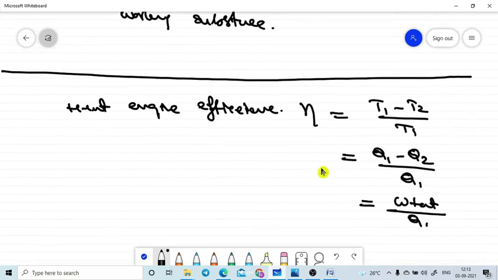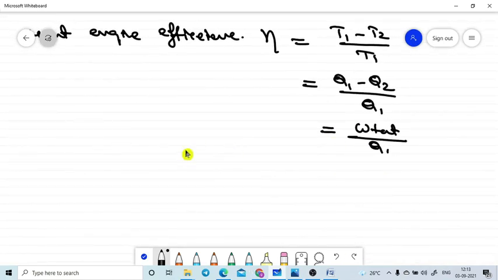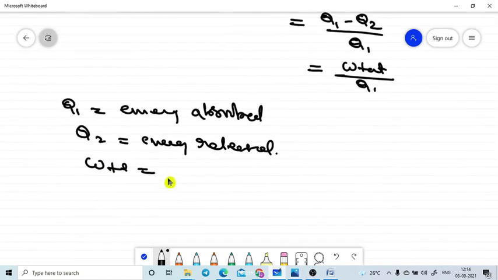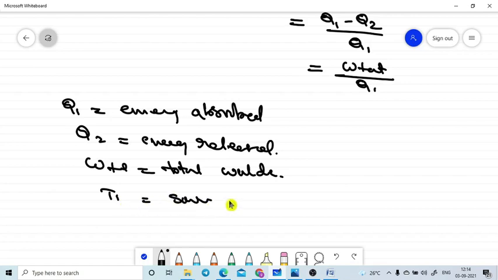Here Q1 is the energy absorbed, Q2 is the energy released, W total is the total work done, T1 is the source temperature, and T2 is the sink temperature. These are the formulas we have.